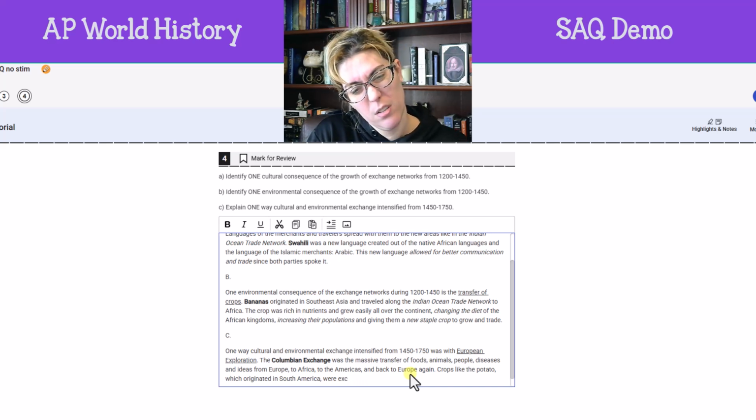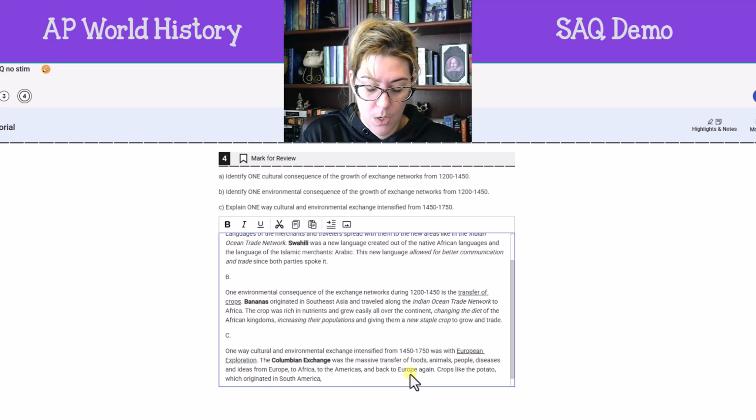No, that sounds weird. Crops like the potato traveled to Europe on the Columbian Exchange. That sounds weird, but it is what it is.